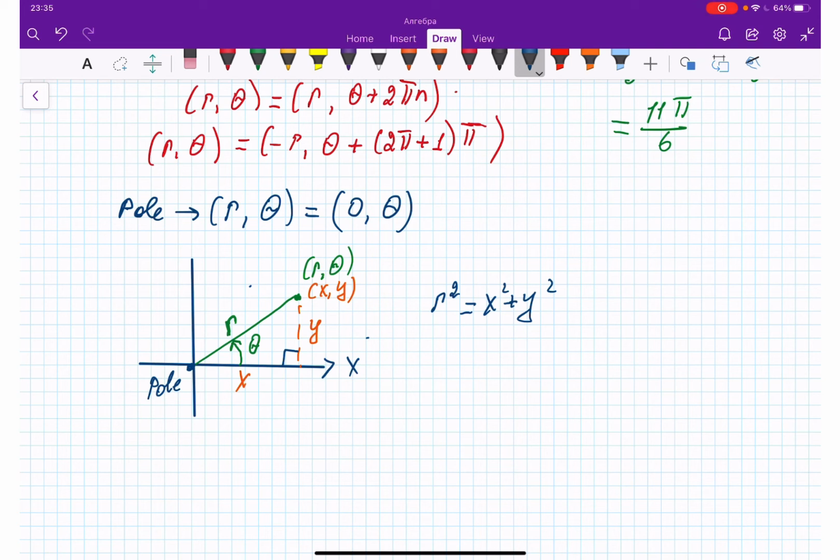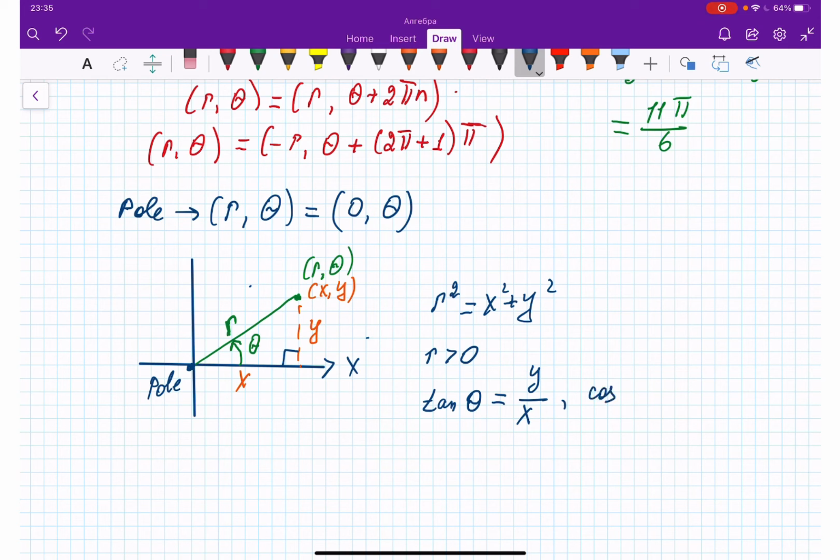Besides that, moreover, for r greater than 0, by the definition of the trigonometric functions, I can write down tangent theta is equal to the opposite leg, which is y, over the adjacent leg, which is x.